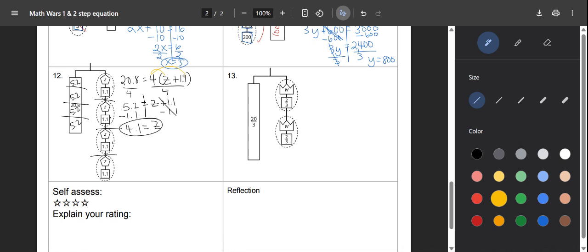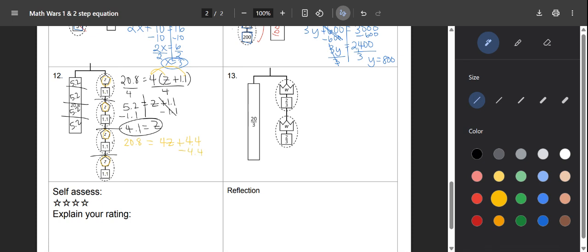4 times z is 4z, which I know because 1, 2, 3, 4. And then 4 times 1.1 is 4.4. If I wasn't sure, could I add up 1.1, 1.1, 1.1, 1.1? Absolutely. And that's equal to 20.8. On our previous hanger, we always snipped off that extra weight that was added to the end.